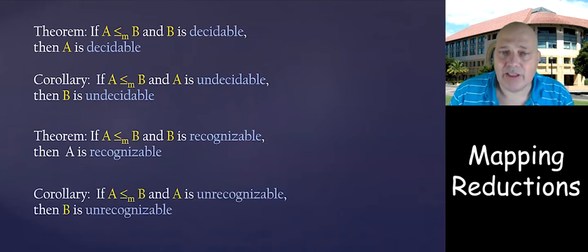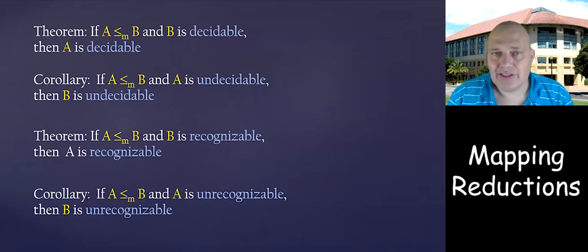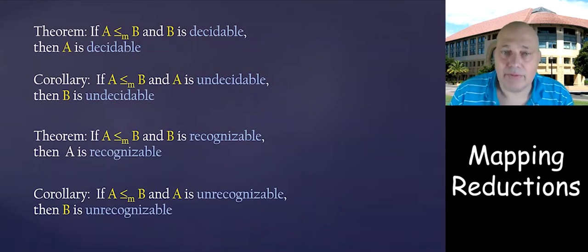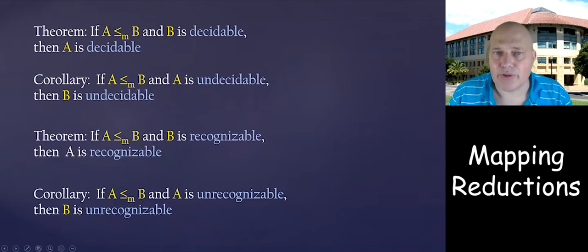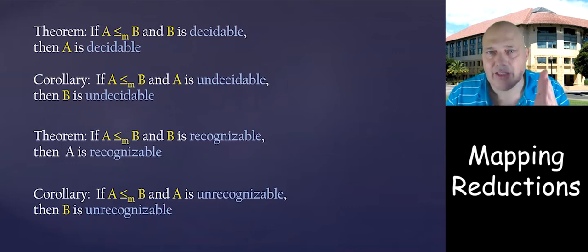And similarly, if A is unrecognizable, then B is unrecognizable. So in this sense, A gives us a lower bound on the difficulty of B, and B gives an upper bound on the difficulty of A. So if B is decidable or recognizable, we can deduce it for A, and if A is not decidable or not recognizable, we can deduce it for B.